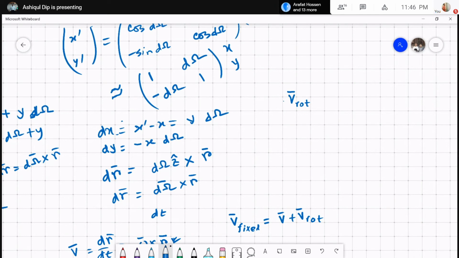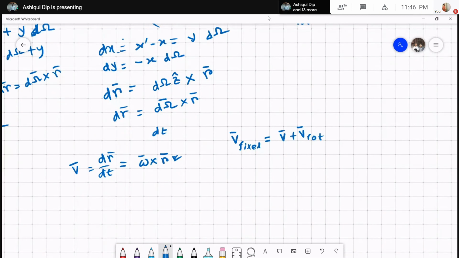So we generalize the idea as dr over dt in the fixed coordinate, fixed means inertial coordinate, equals dr over dt seen by whom?